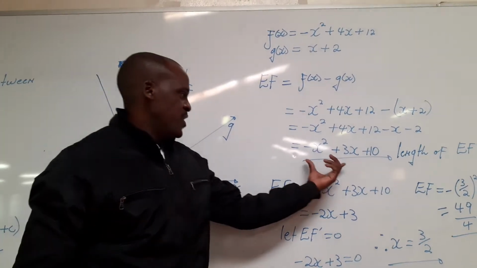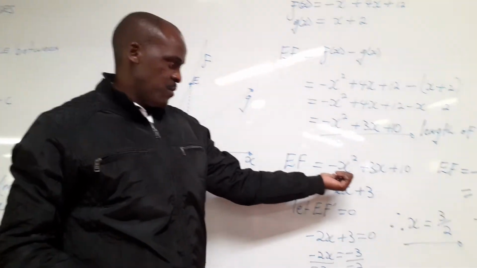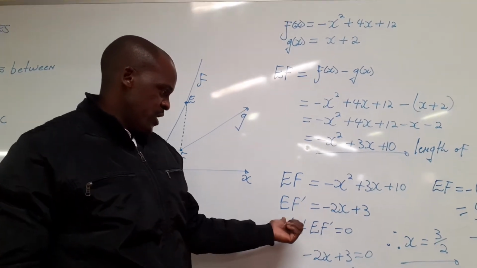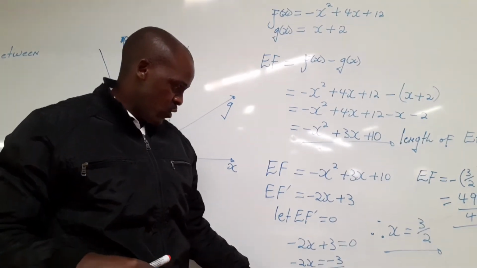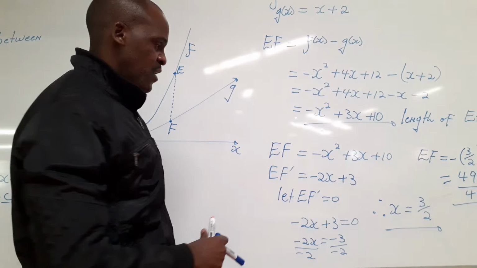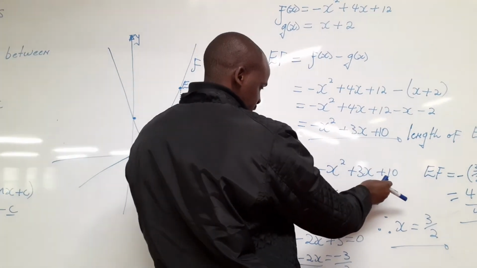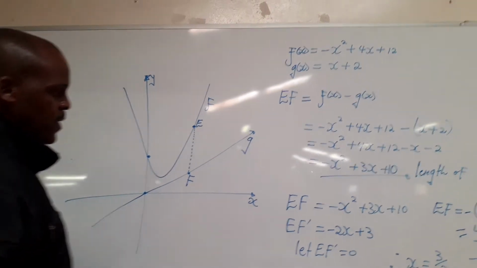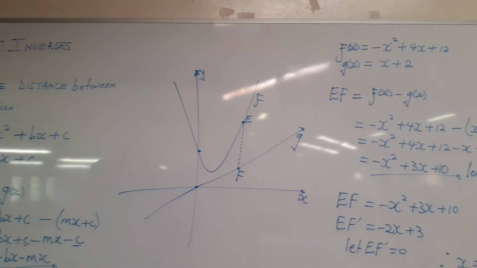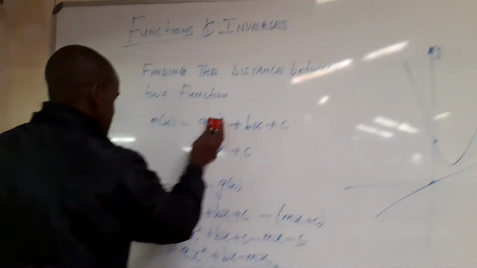Thereafter, we found the length of EF. But for maximum, we let the derivative be 0 to solve for x, and then we substitute the x value into the length of EF to find the maximum length. That's how to find the maximum length. It's either maximum or minimum, we derive.